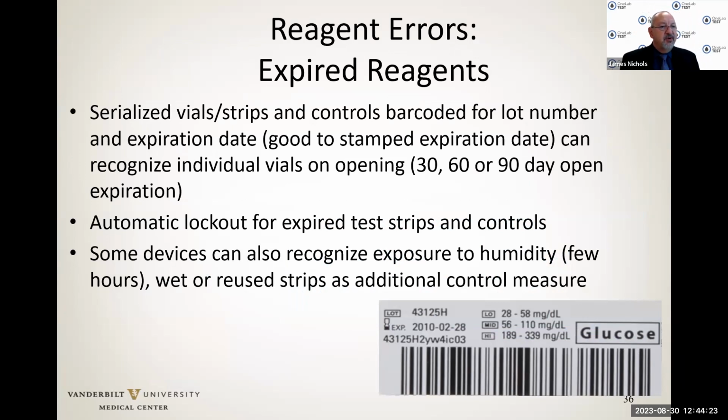Fortunately, newer manufacturers and newer reagents are looking at serialized vials and test strips, individually packaged tests, as well as serialization in multi-test packaging, where the first time that barcode is read, the data management system understands this was opened on this date, and as you use test strips from that vial, if it goes beyond the open expiration date, it will flag, warn, and not allow patient testing.